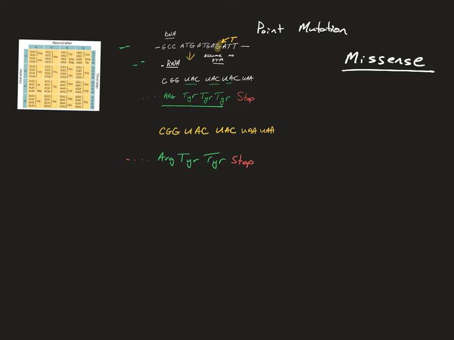Sense means meaning. What does miss mean? Not there. So this missense means there's a misunderstanding, right? You have a mismeaning. So in missense mutations, when you have a point mutation that changes the amino acid.